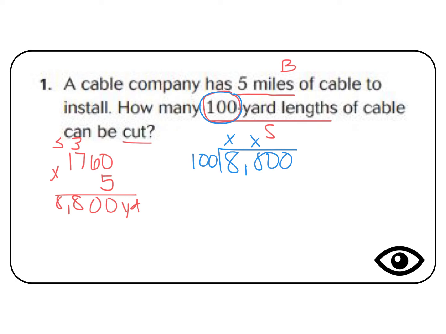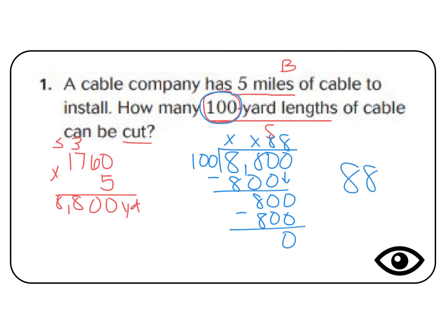It can go into 880 8 times, which is 800, and I'm left over with 80, and then I bring down that last 0, and I know that that is 8, so that's 800. So my answer is that I can make 88 100-yard lengths of cable.